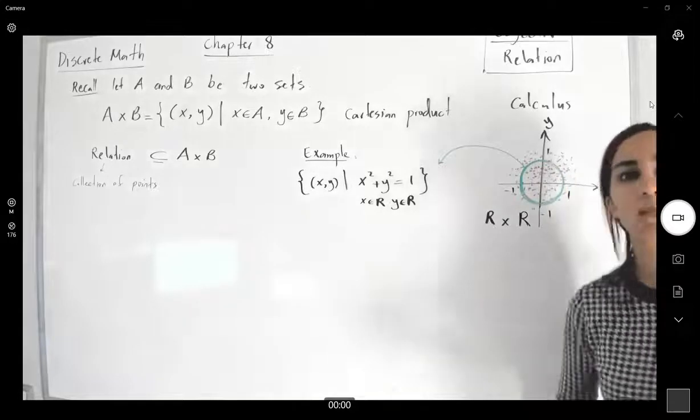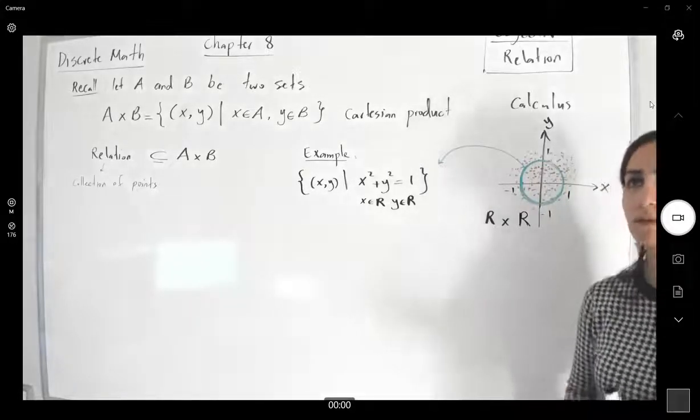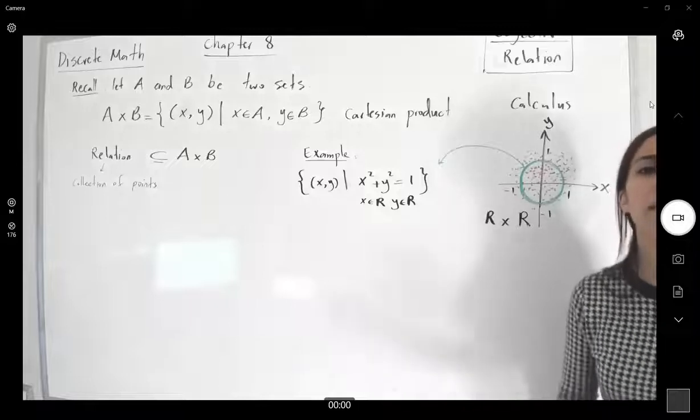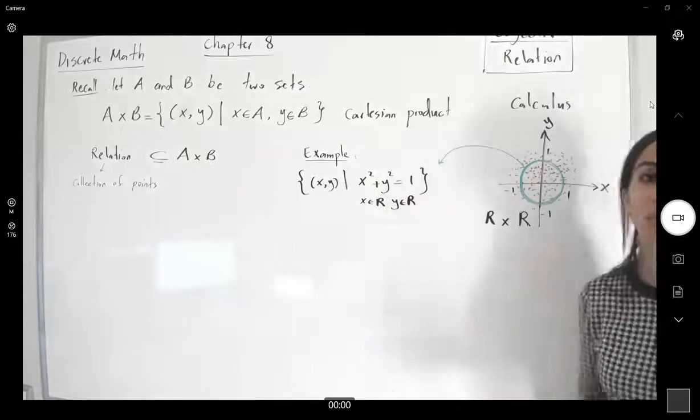representation. Some other times you just have some points in the plane, and you might not find any meaningful relation between them.